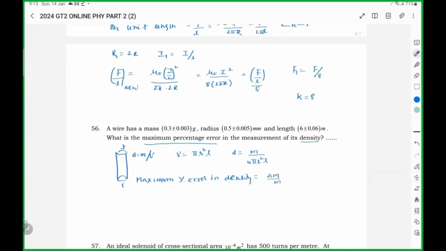Here r square is there. Forget about the constants. 2 delta r by r plus delta L by L.